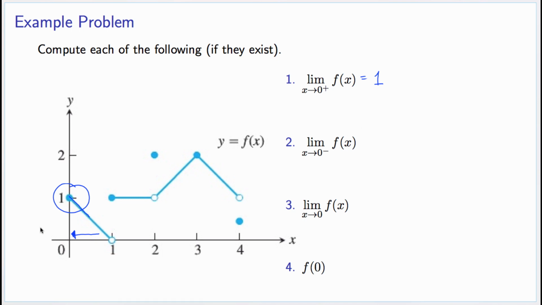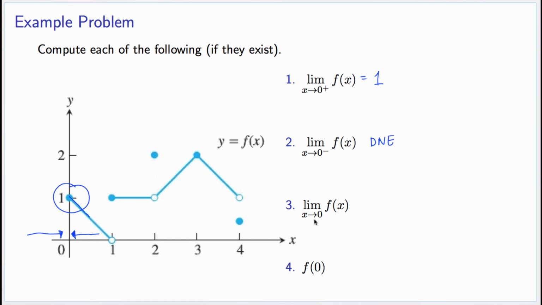Now as x goes to 0 from the left, so coming in less than 0, our function f of x is not defined for x less than 0, so we do not have any values of f of x for x less than 0, so this limit does not exist since the domain of our function does not include x less than 0.